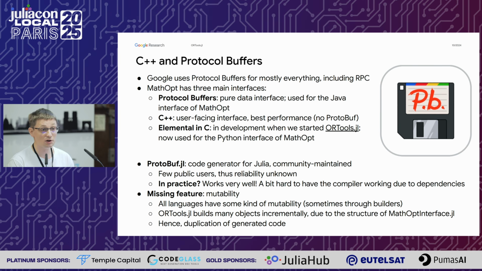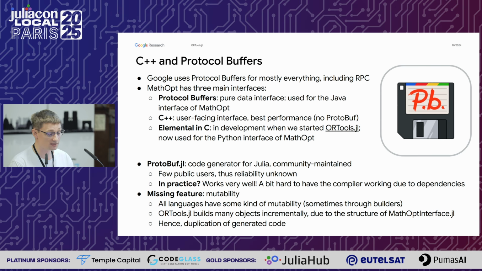MathOpt also has a huge C++ interface, which is the way to go really if you want the best performance, but it's hard to use. And something that happened during the development of our Julia package is Elemental. It's a new layer, a very small and orthogonal C API that you can use to access all of MathOpt's features.